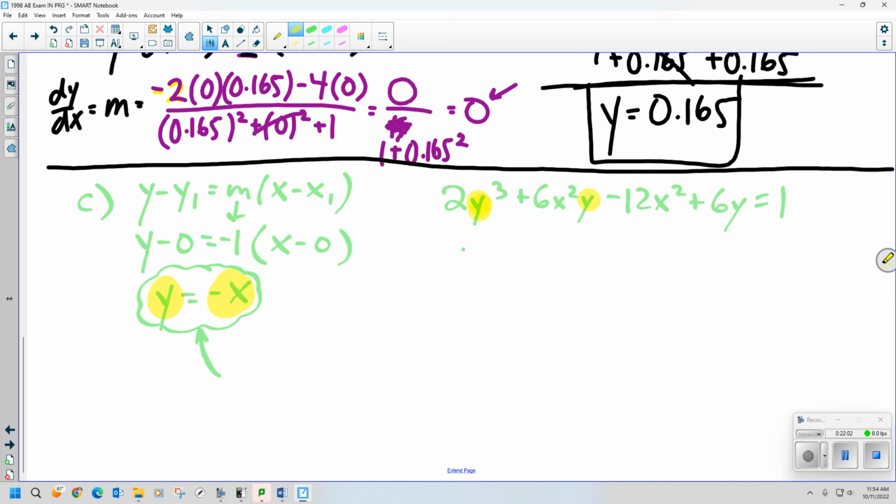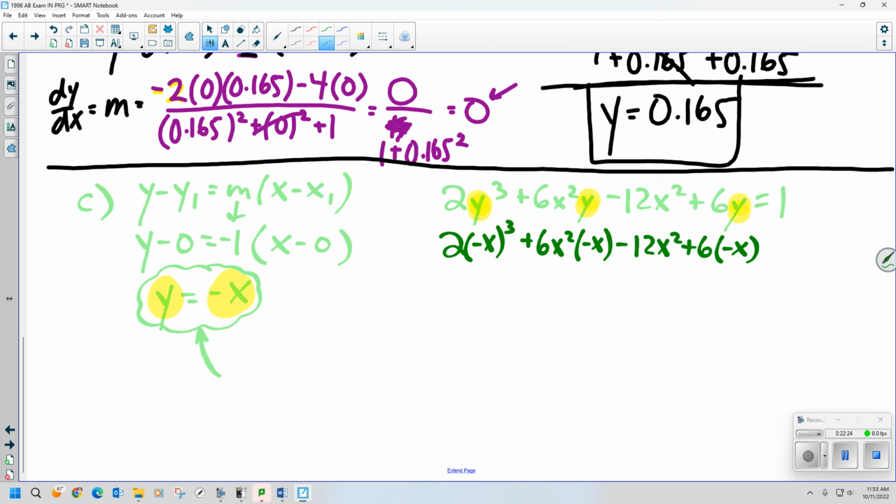So let's rewrite that. 2 times (-x) cubed plus 6x squared times (-x) minus 12x squared plus 6 times (-x) equals 1. Again, every y is a -x.